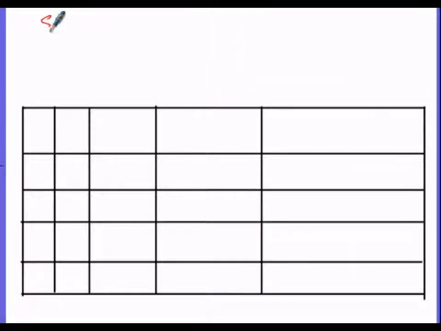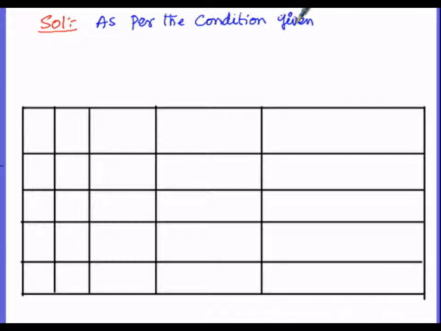In our solution, as per the condition given to us, the given statement is P and negation Q implies P. We have to show this statement is a tautology.